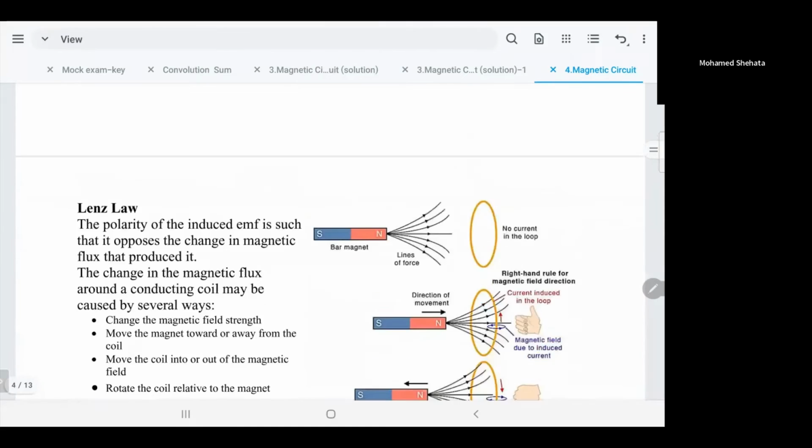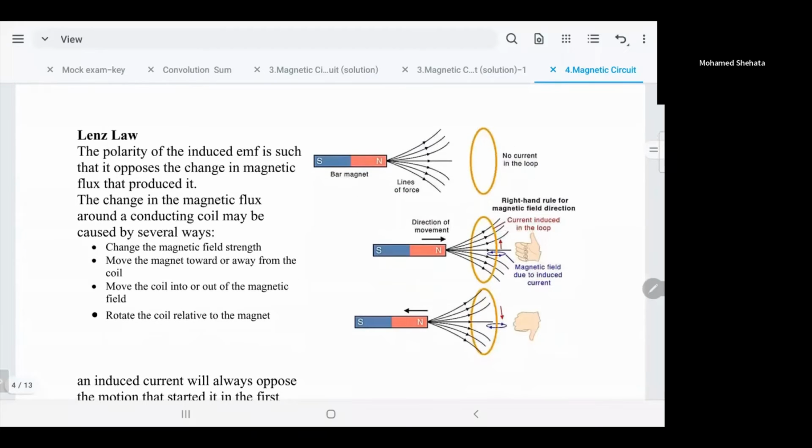So if the magnetic field is going towards this ring, the current will go in a way to make a magnetic field opposing, because it's coming attacking it. If you are taking this away from the ring, from this coil, what's happening? The number of magnetic field lines is decreasing. So they don't want that. So they reverse the direction, making magnetic field lines substituting what's missing.